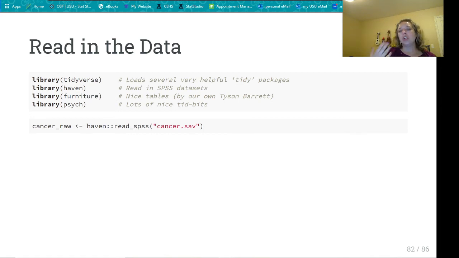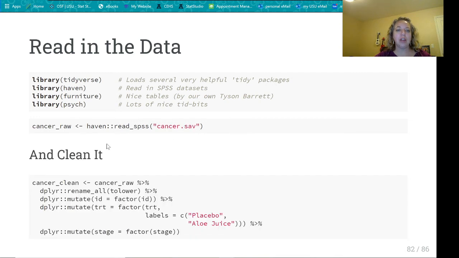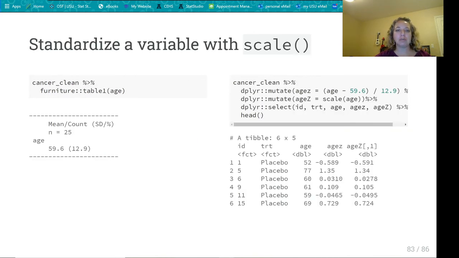So to show this, I'm going to use not Eno's dataset, but the Cancer dataset that we used last time. This is on Canvas if you want to get it and play around with it, but you can just watch me. I'm going to read in this Cancer dataset from SPSS and tidy up the variables that are factors.